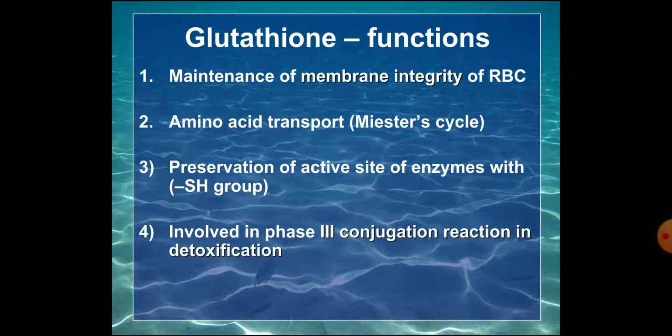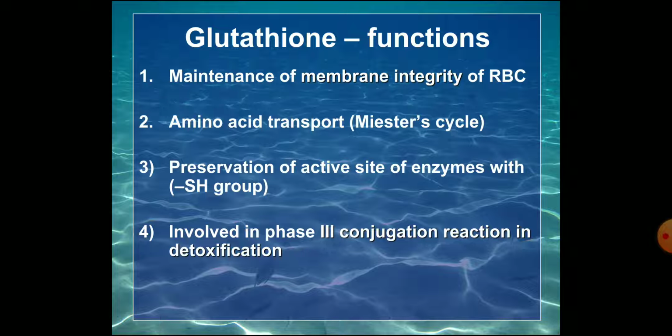Then it is involved in phase 3 conjugation reactions in detoxification. You know what is detoxification? That is, toxic substance in the body is made non-toxic, easily excretable, water-soluble substance. That is the process known as detoxification.